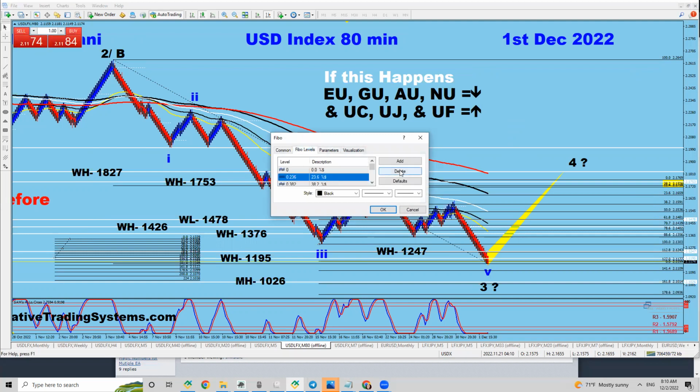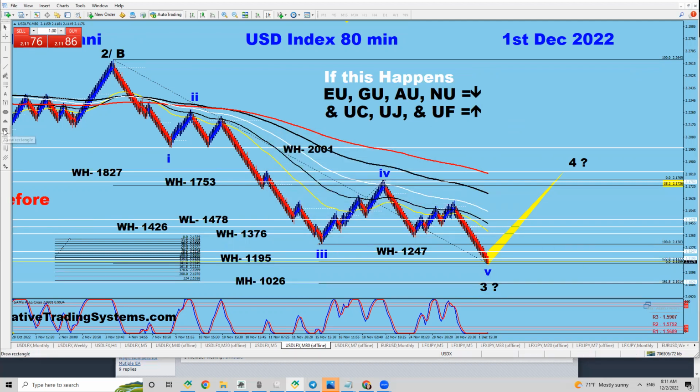Most numbers, boom, boom, out. 120, 161, 127, I'll leave them there, and the rest of the numbers are gone.